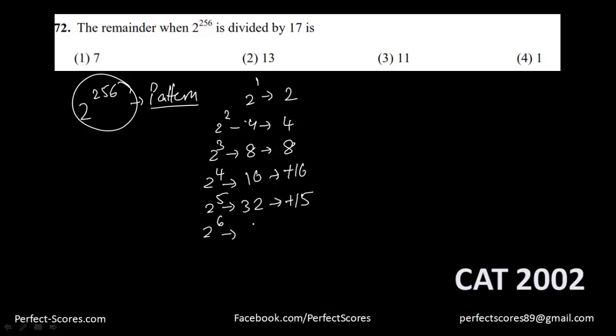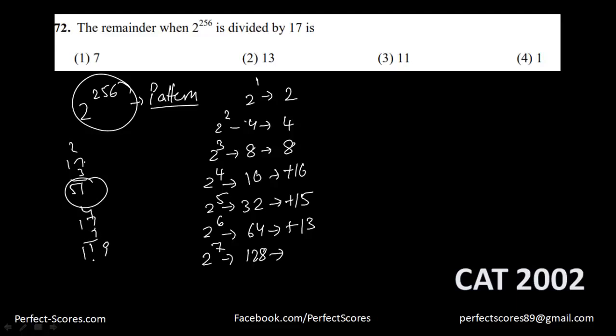When 2 to the power 6, 64, is divided by 17, the remainder is 68 minus 4. 17 into 3 is 51, and 64 minus 51 is plus 13. When 2 to the power 7, that is 128, is divided by 17, what is the remainder? 17 times 7 is 119. 119 from 128, the remainder is going to be plus 9.